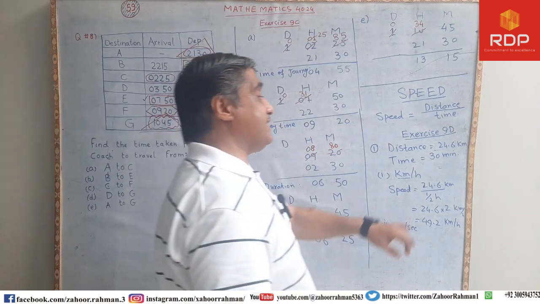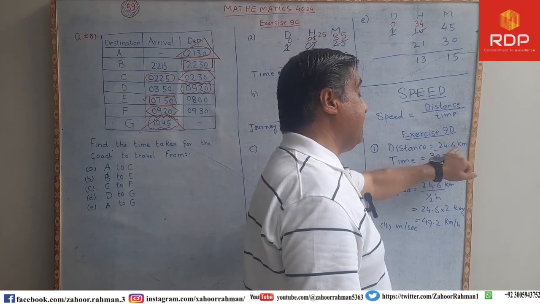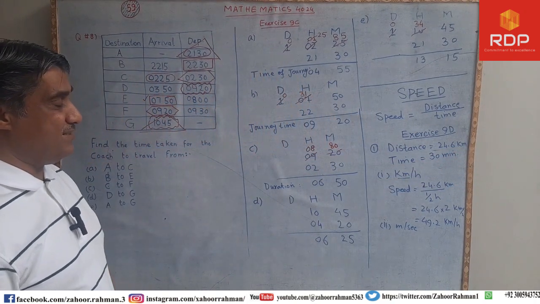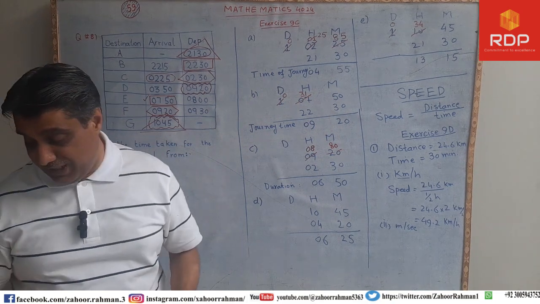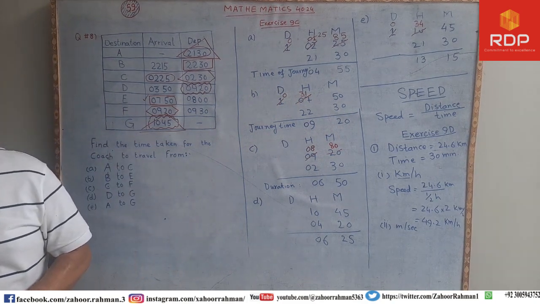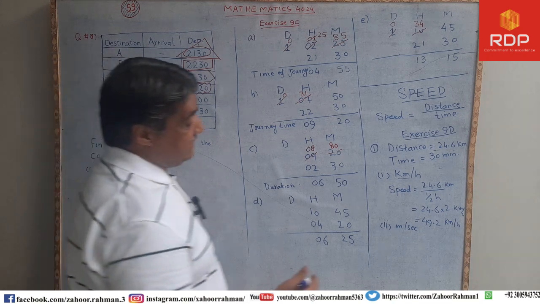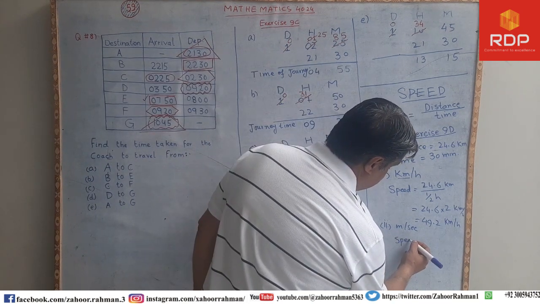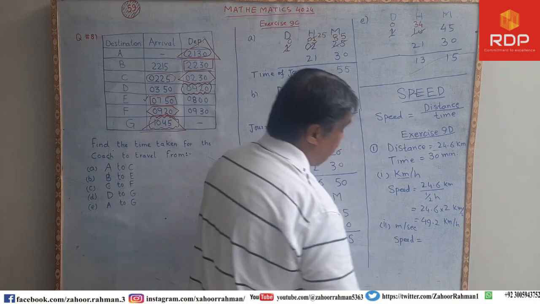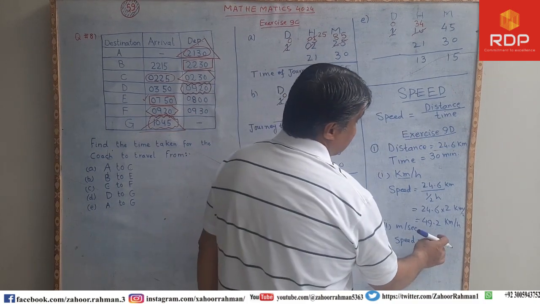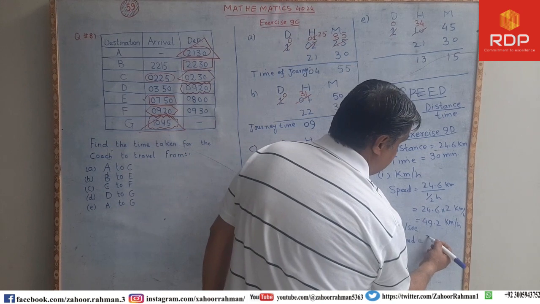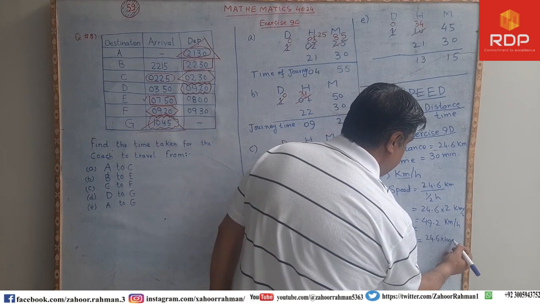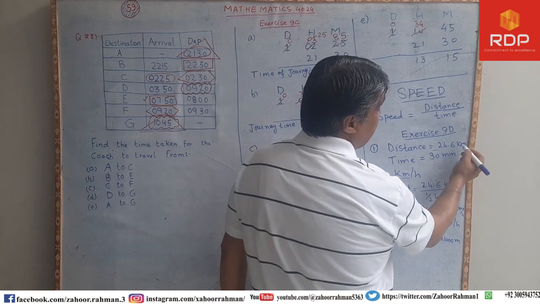The second part is saying that we need the answer in meter per second. So here it is given in kilometer and that is in minutes. So 30 minutes we have to convert it into second. So let us see. Speed in this case is equal to distance. Distance is 24.6 multiplied by 1000 meter.